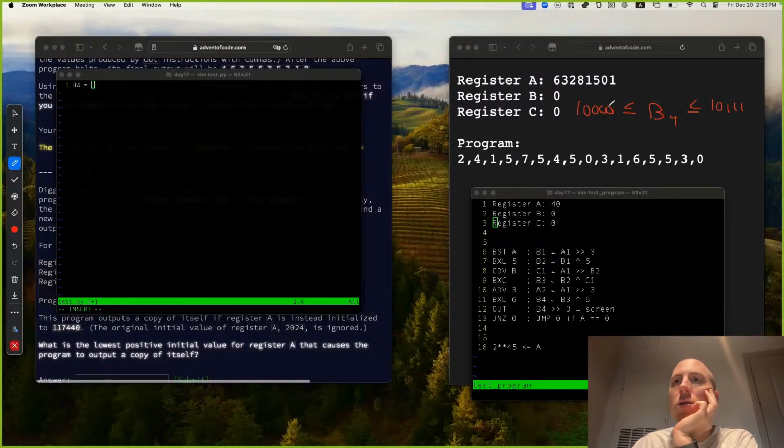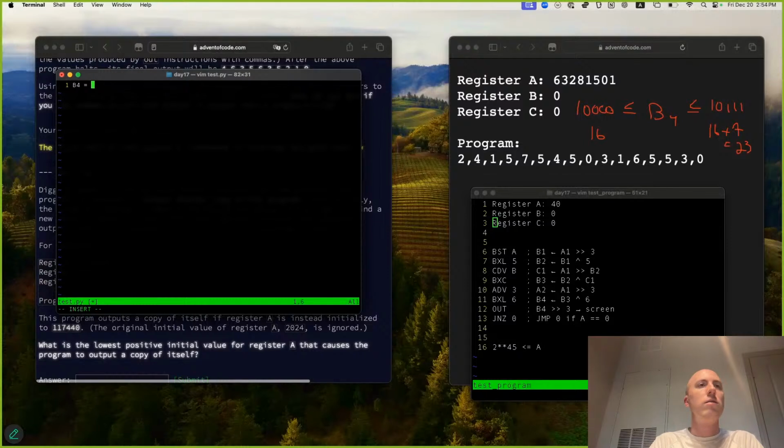This was 2 to the 4, which is 16. And this is 16 plus 7, right? 23. So from 16 up to 23. So it's basically a range of 16 up to 23 plus 1. We'll just keep it as range because we're going to loop over it.